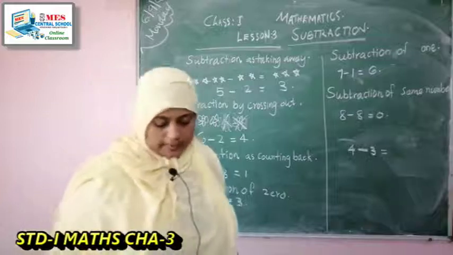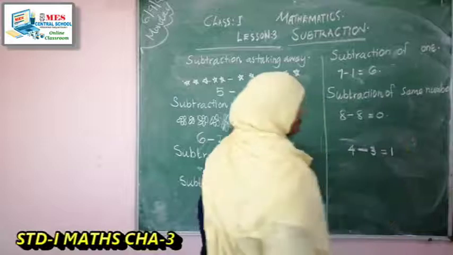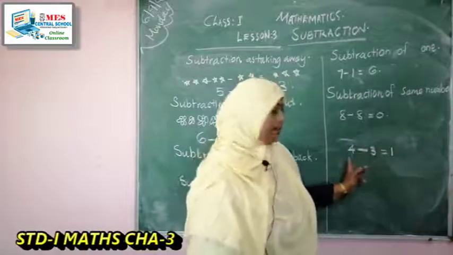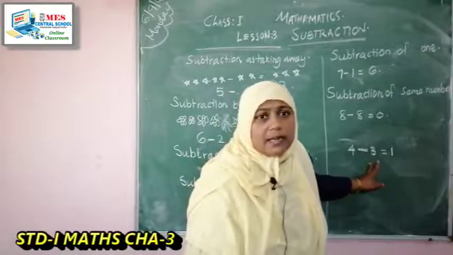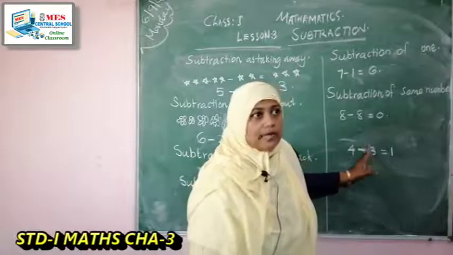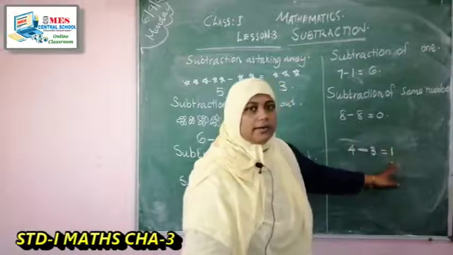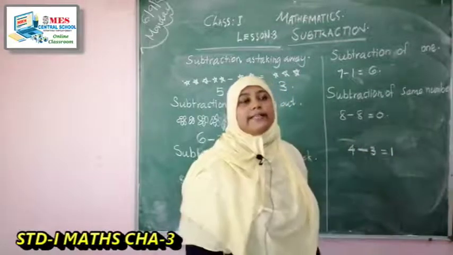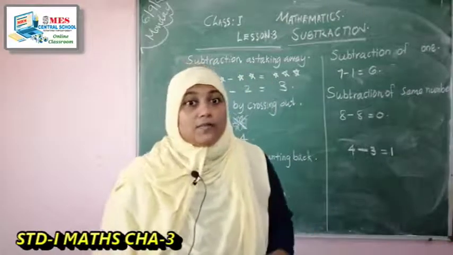So 4 take away 3 remains 1. Here in between the two numbers you can see the subtraction sign. What is the sign? Minus. And is equal to 1. What is 1? 1 is the answer of subtraction.